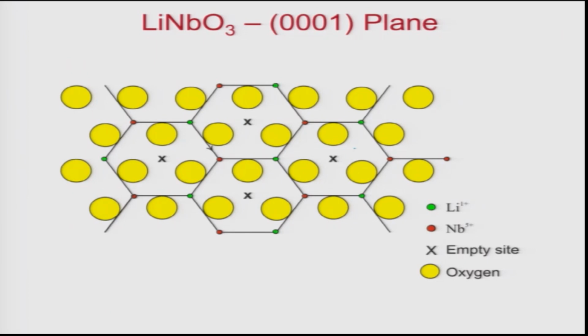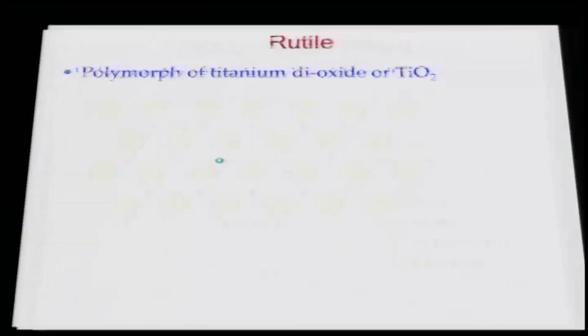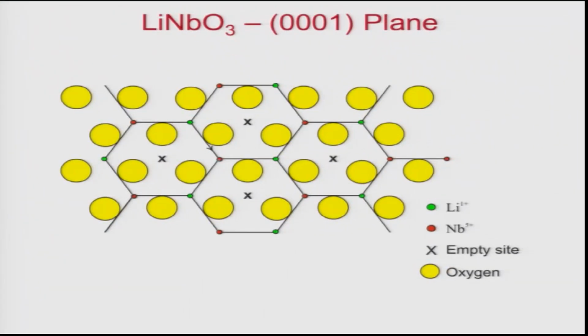These are all empty sites, and this continues in the same fashion as in Al2O3 and FeTiO3. It is just that this X will move to this position, and then this X will come to this position, and this will keep happening in the same manner in the whole unit cell. So, this is again a very important material, lithium niobate. It is an electro-optic material, and it is used in a lot of optical applications.